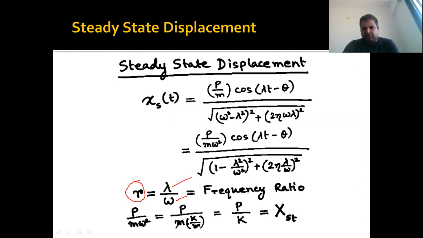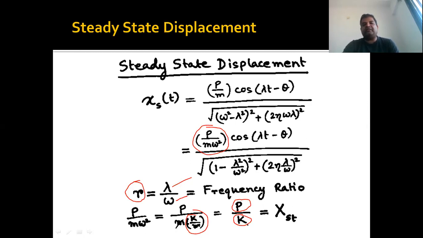Also, I'm trying to define this particular term, which is P upon m omega square. As you know, omega square is equal to K by m, so the m is going to be cancelled. So this will be P by K. P is the force and K is the stiffness of the vibrating system.